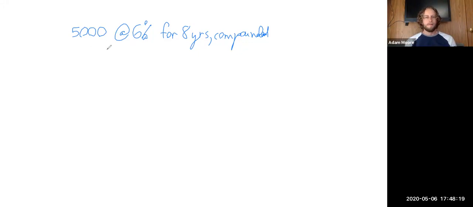That's what we call compounded continuously. This is not only 100 times a second or 1,000 times a second. It's being checked all the time without any pause in between.